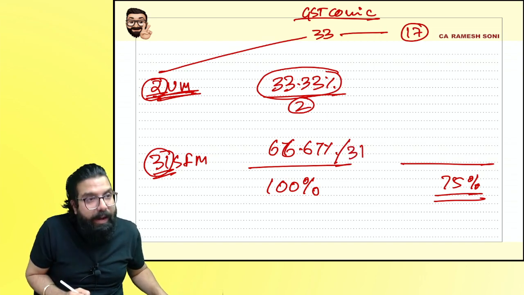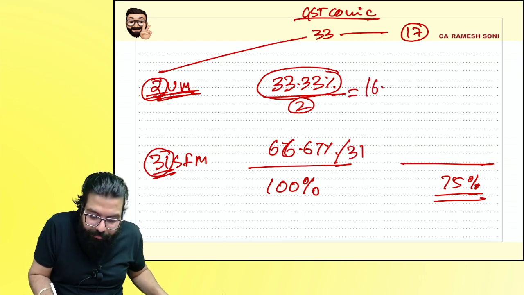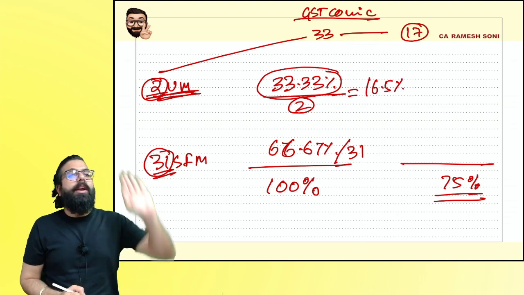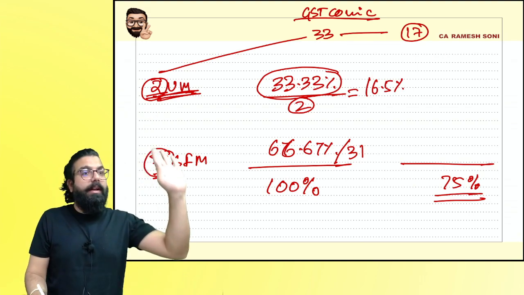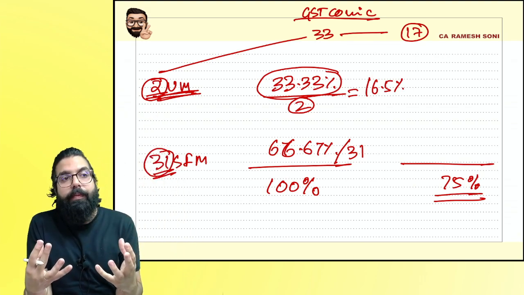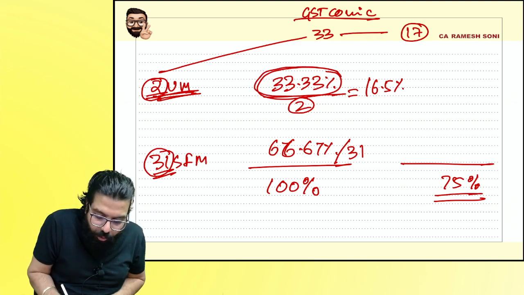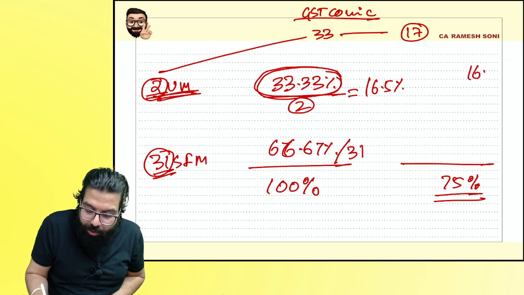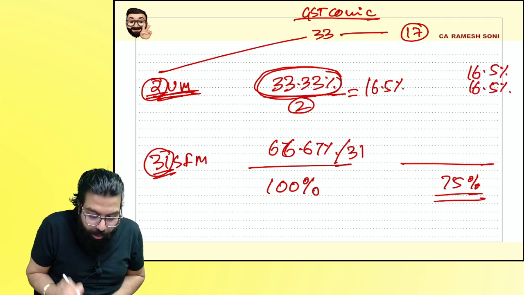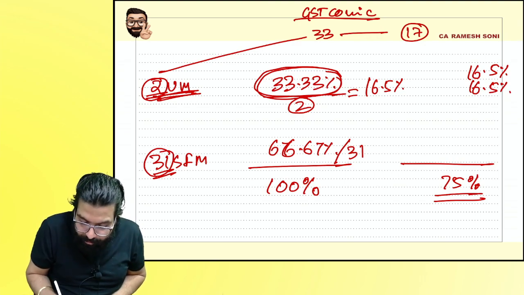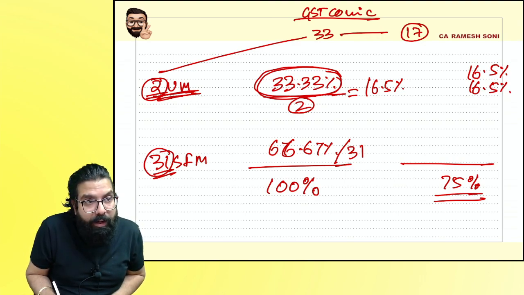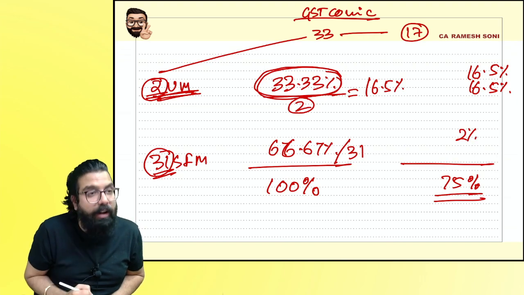So here if I divide, how much is it? 16.5 approximately. If one union member says, yes, I agree with the decision, for any decision to be taken, 75% is the majority. Union minister told yes, I agree. Another union minister told yes, I agree. Once Karnataka told, I agree, 66.67 divided by 31 is approximately 2% in favor.